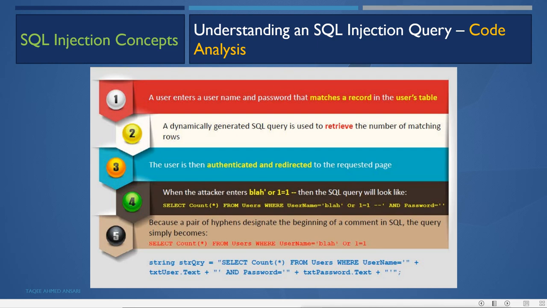Now because a pair of hyphens designates the beginning of a comment in SQL, the query simply becomes like this. And the string query goes like this: select star from users where username is equal to this plus the text sent from here, and password from the text password sent from the web page.